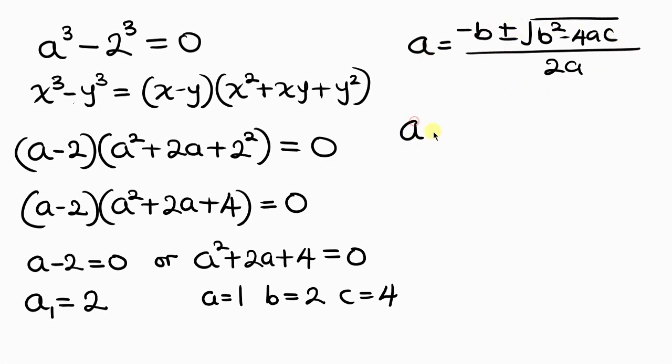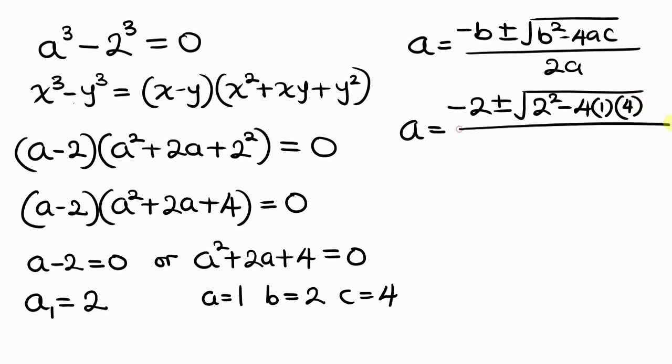Now let's substitute into this quadratic formula. So the value of A now becomes negative B. B is 2 plus or minus the square root of B squared. B is 2, so 2 squared minus 4 times A times C. So 4 times A is 1, times C is 4. So put down 4 there. Very good. All over 2A, which is 2 times 1, since A is 1.